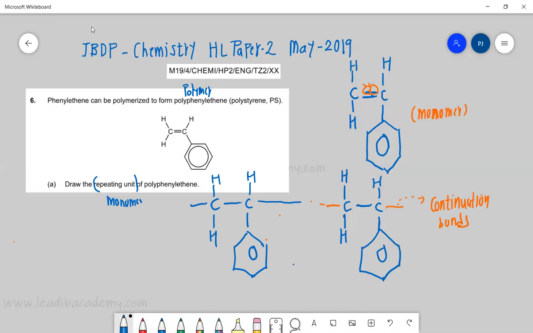It will continue the process. So it can get combined and you will get a very, very massive chain, one after the other.